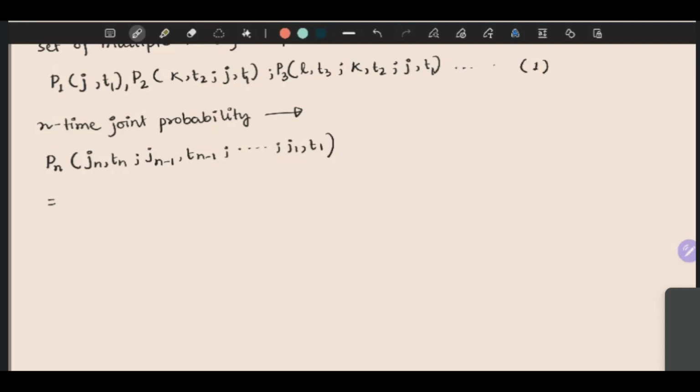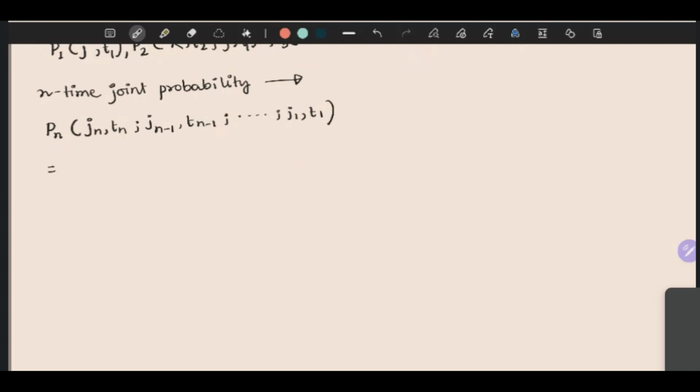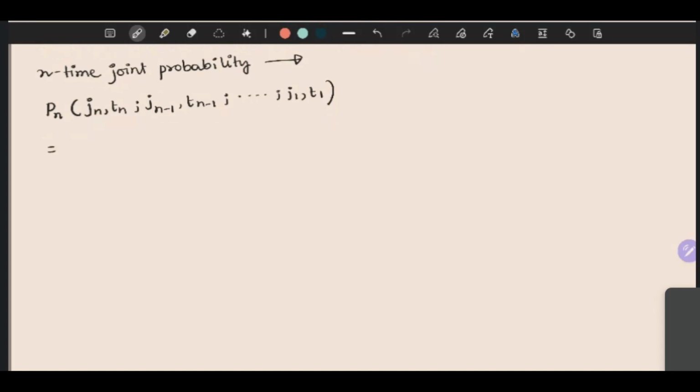Basically you will write this conditional probability as Pn, that reaching Jn at Tn, given you are coming from Jn minus 1 Tn minus 1.